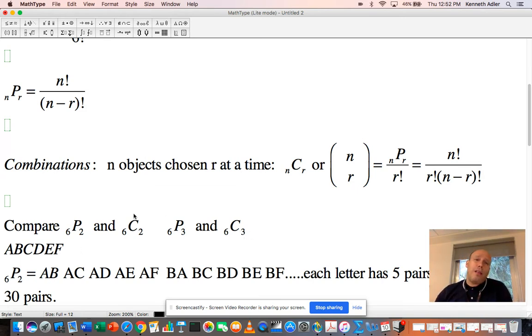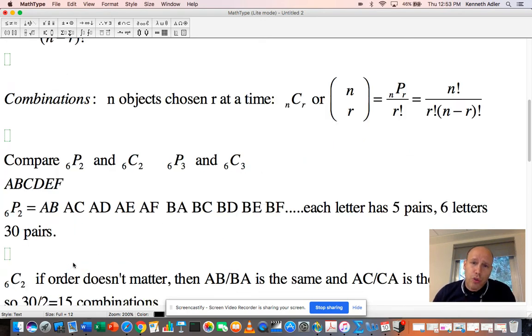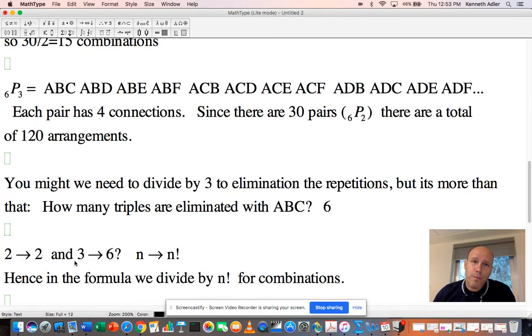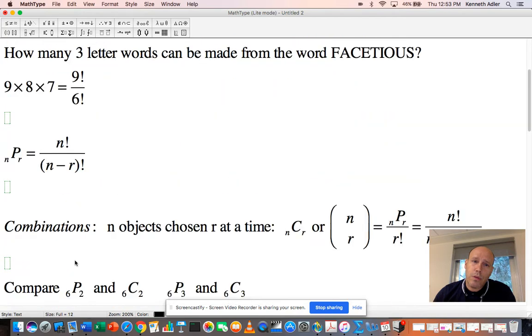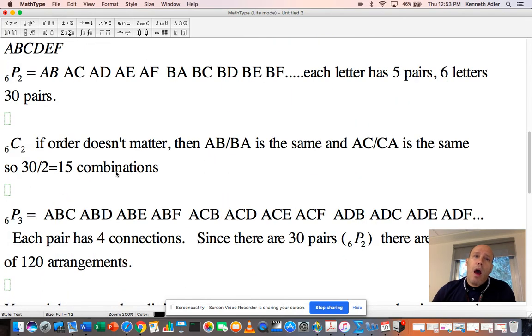We're going to look at 6 letters, A, B, C, D, E, F, and we're going to start with 6P2. So I have AB, AC, AD, AE, AF, BA, BC, BD, BE, BF, dot, dot, dot. I notice that each letter has 5 pairs, and because there's 6 letters, it's 30 pairs.